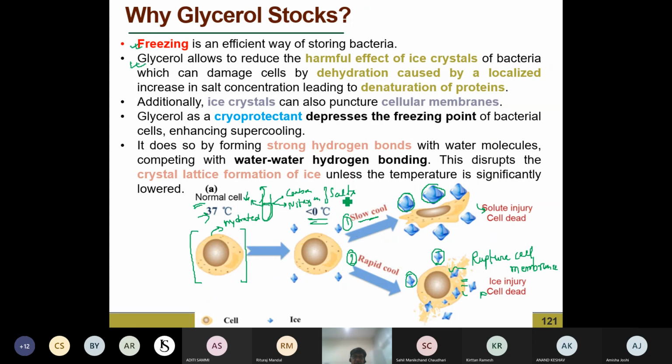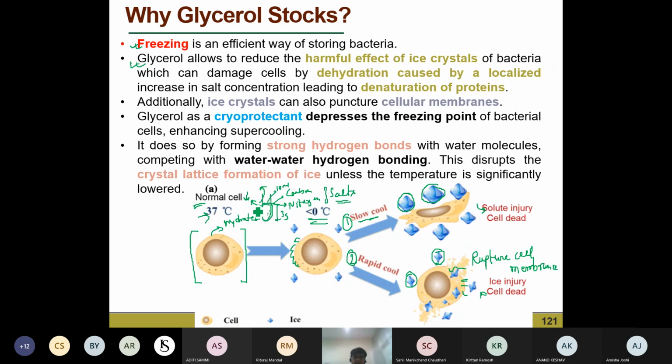When the volume decreases, or the liquid is absent, the local concentration of the salts across the cells is going to increase, because earlier they were suspended in the liquid. Suppose NaCl was at 3 gram per liter, dispersed in 10 ml volume of the liquid.